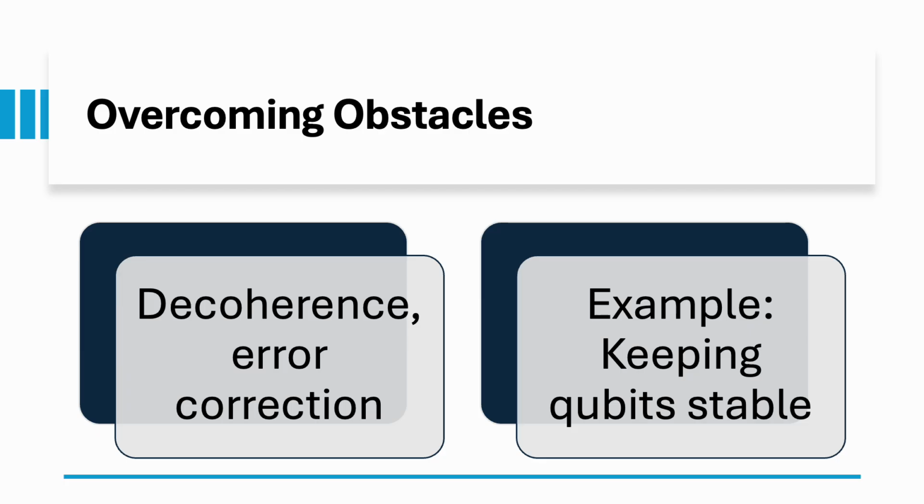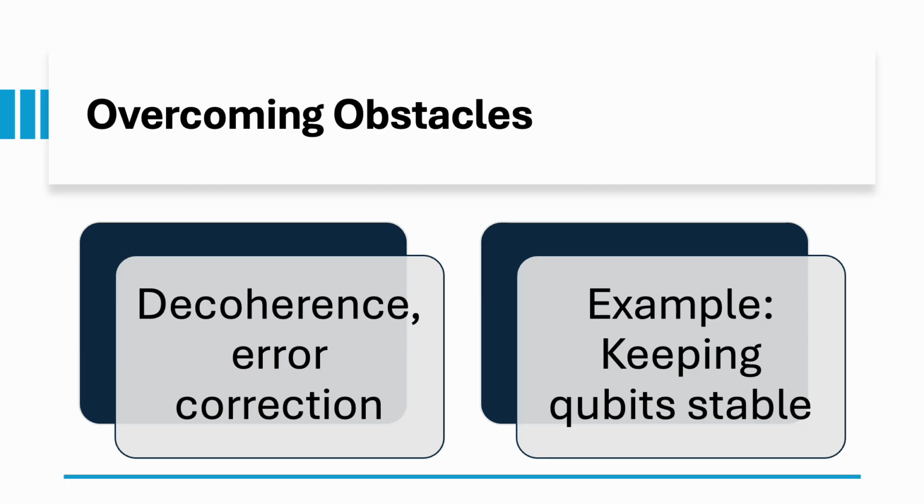Decoherence is one of the biggest challenges facing quantum computers, and it's the reason why building a practical quantum computer is so incredibly difficult. Remember, we discussed qubits, and how qubits can exist in superposition, being both 0 and 1 at the same time.